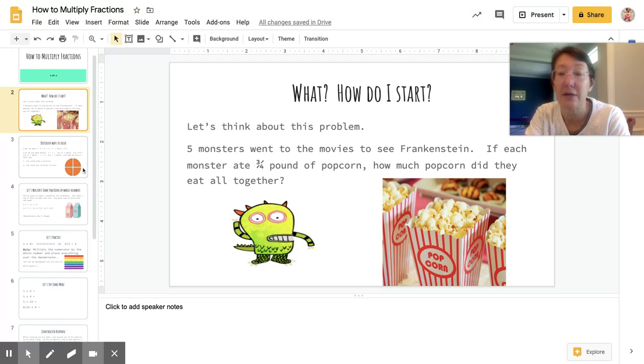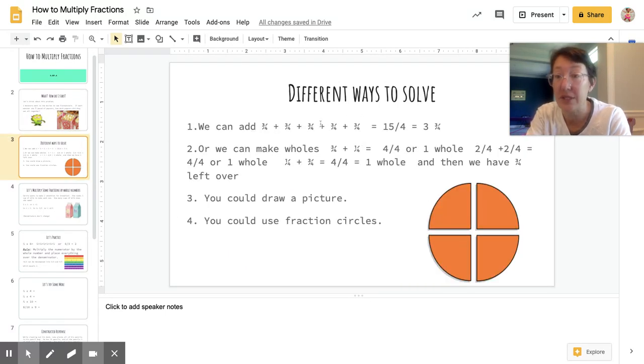So if we come down here, there's different ways to solve it. Just like I said, you can add 3/4 plus 3/4 plus 3/4 plus 3/4 plus 3/4 and get 15/4, which the hard part is making that into a mixed number, because remember, that's improper. So you'll have to make that 3 and 3/4. You can take 3 wholes out of that.